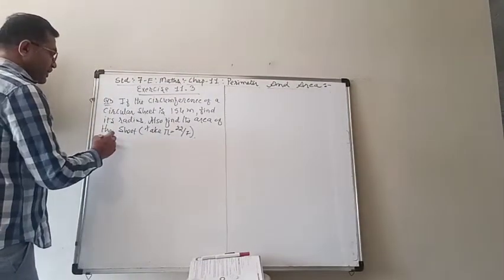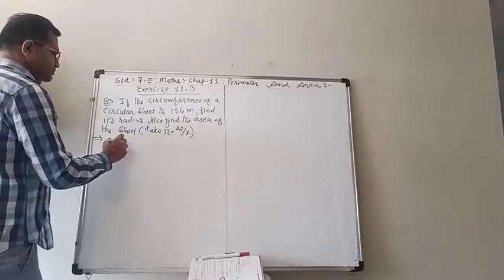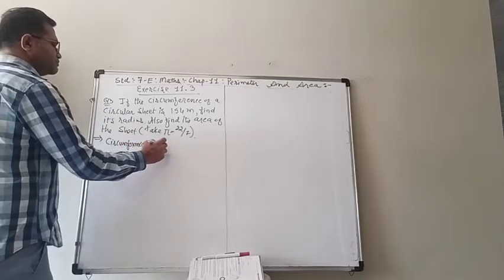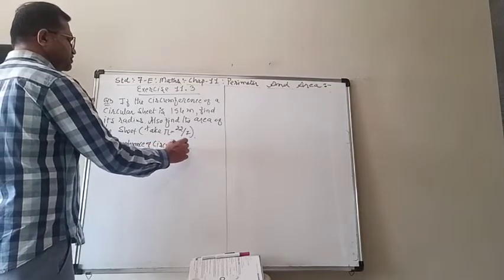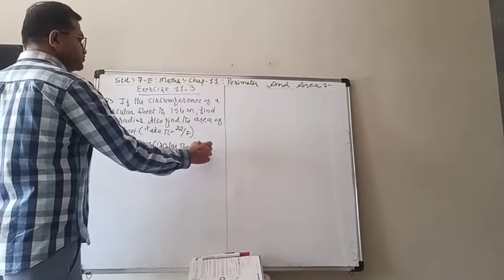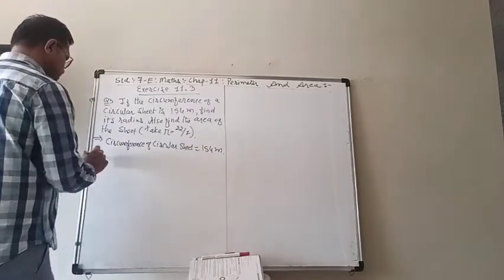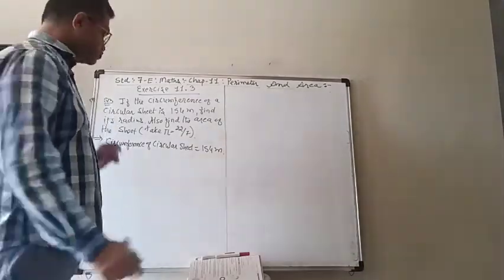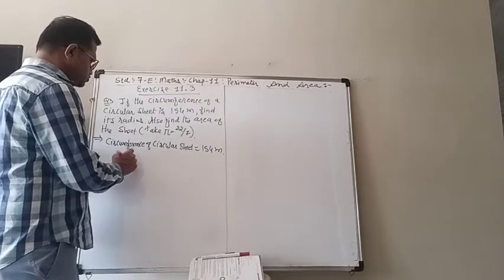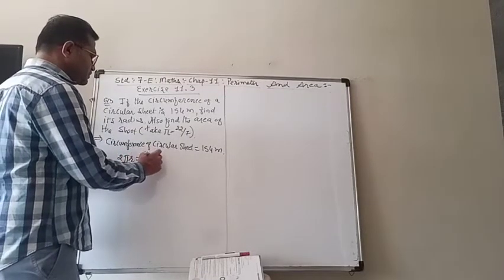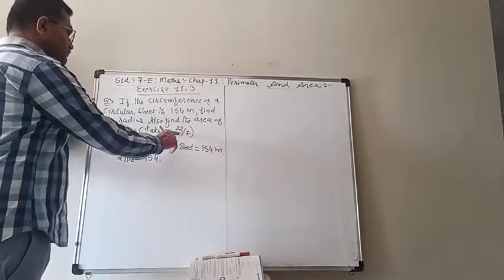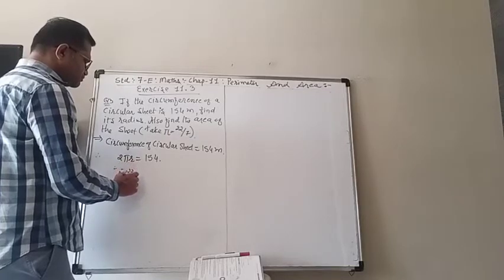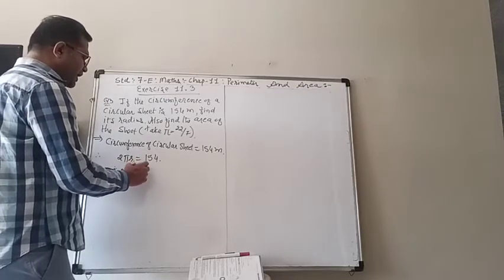So what is given? First we will write down circumference of circular sheet is 154 meter. Now we know the formula to find the circumference. What is that? It is 2 pi r. So 2 pi r is equal to 154. Value of pi is 22 upon 7. So 2 multiplied by 22 by 7 into r, we have to find.